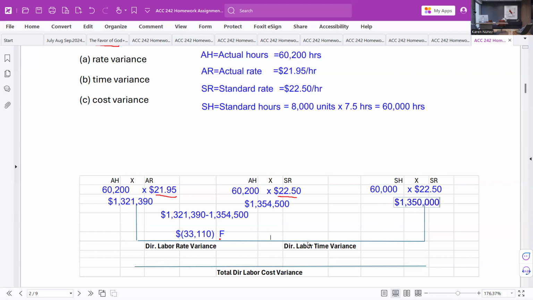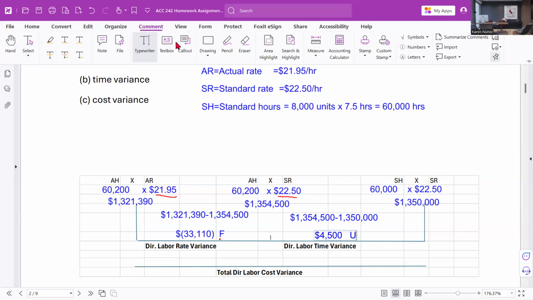And we can calculate the time variance by subtracting this 1,350,000 from the 1,354,500. So 1,354,500 minus 1,350,000 gives us a time variance, a positive number, 4,500. That means it is an unfavorable variance.